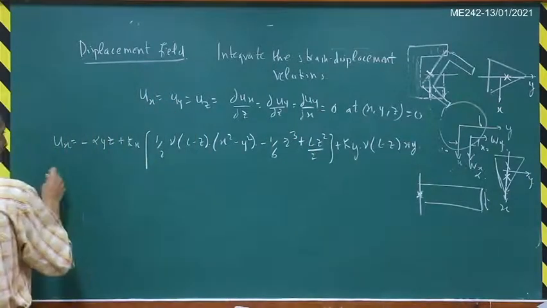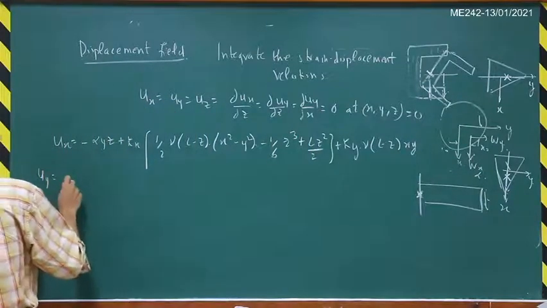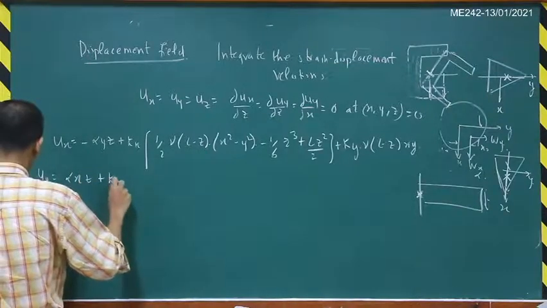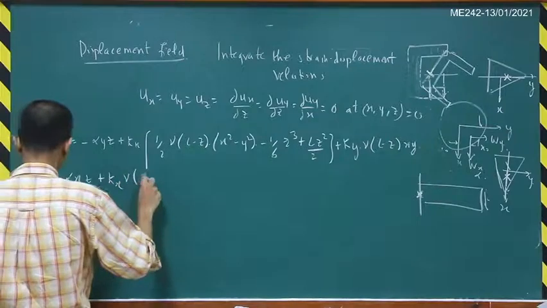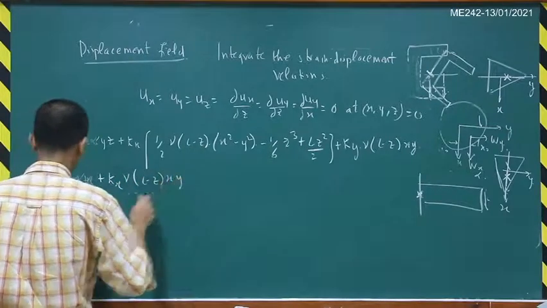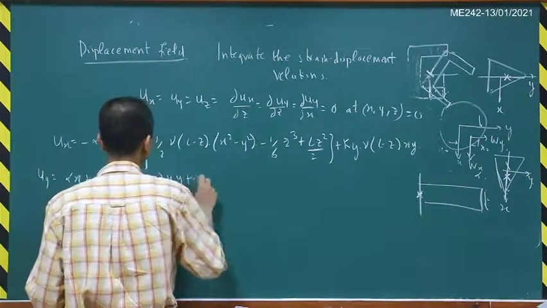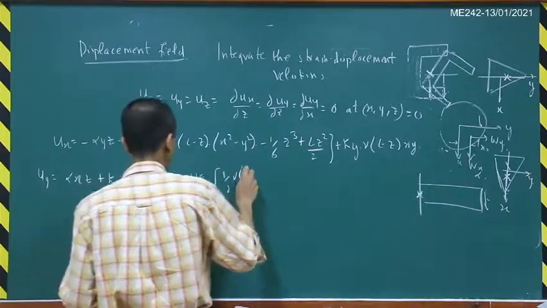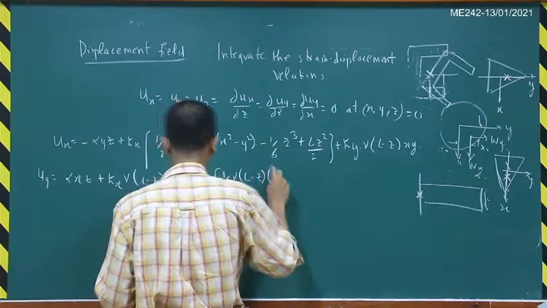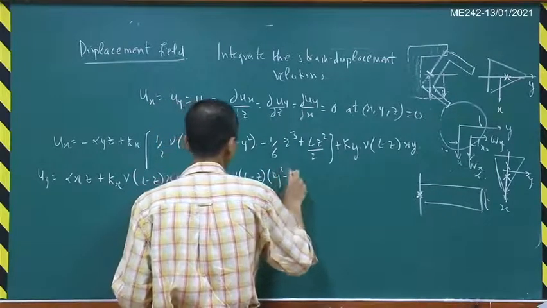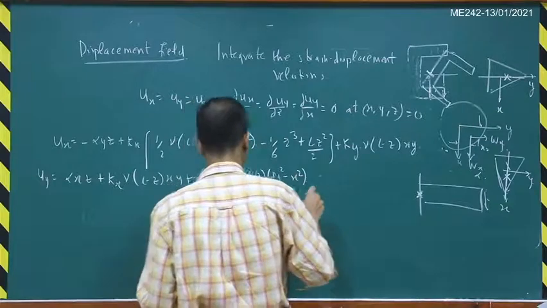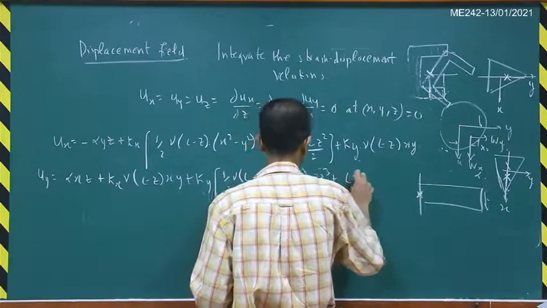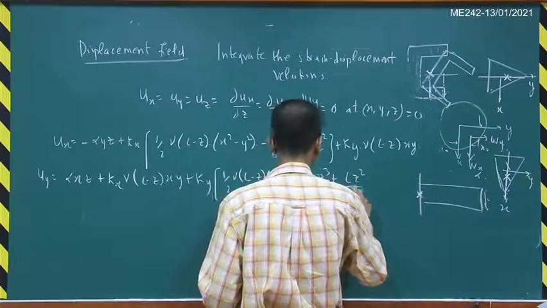And then similarly for uy, you will get alpha xz plus kappa x times mu times L minus Z xy plus kappa y times half of mu times L minus Z times xy square minus x square minus Z cube by 6 plus LZ square by 2.